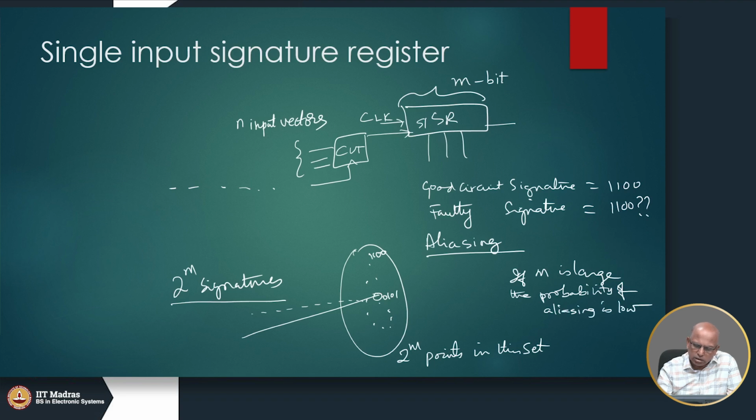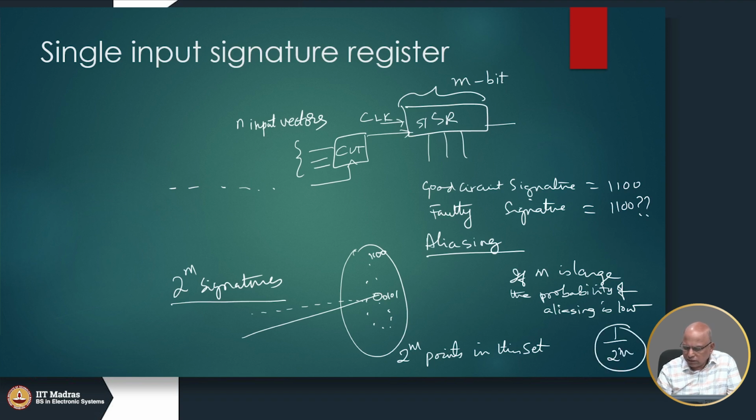If the circuit under test outputs are fully uncorrelated to one another, then this probability may be like 1 by 2 power m, where m is the length of the signature register.